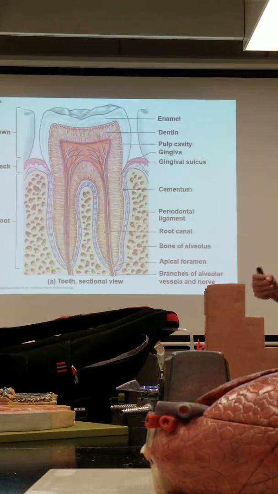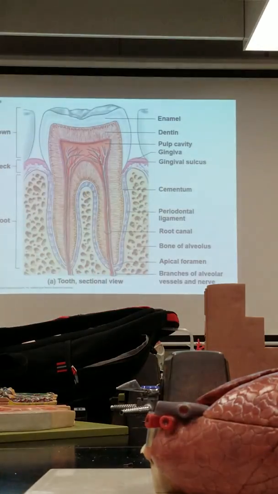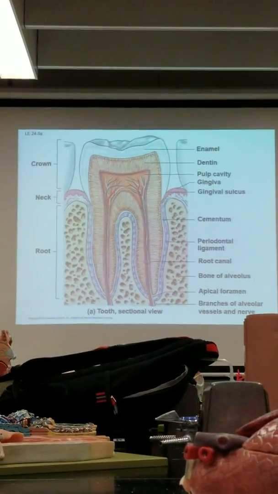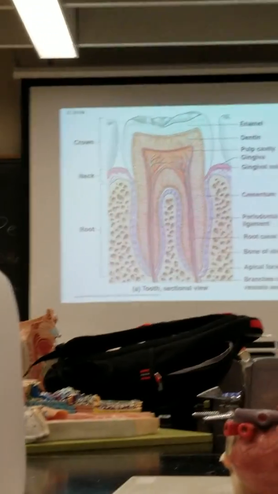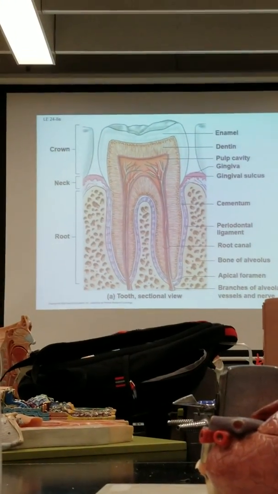Now, guys, the problem with having something so hard is that it doesn't flex. So if you overbear or force that structure, it can't flex. So it just does what? It just cracks, fractures, blows apart, and you chip your tooth. Okay?